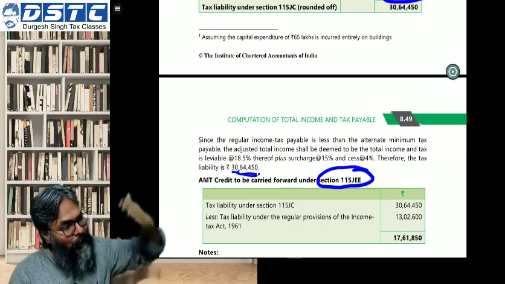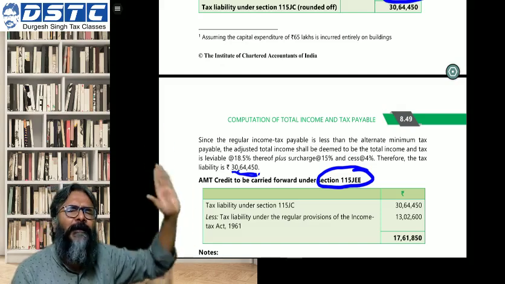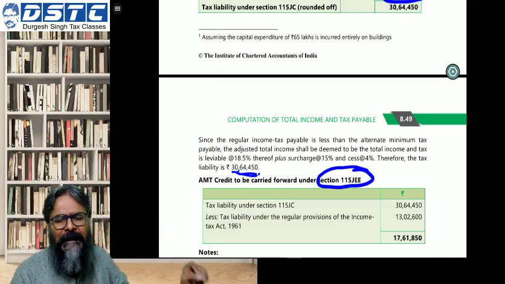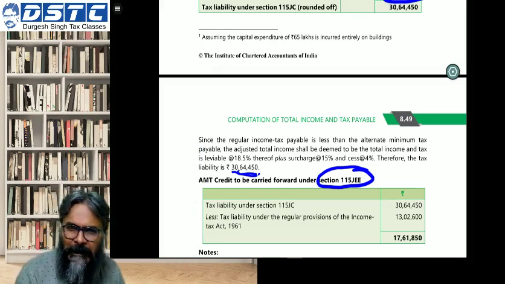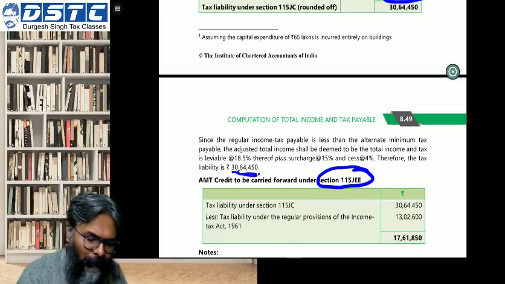So in any subsequent year up to a period of 15 years, if the assessee is liable to pay the tax as per the AMT, he will then be liable for what?